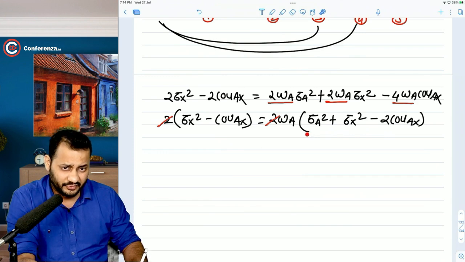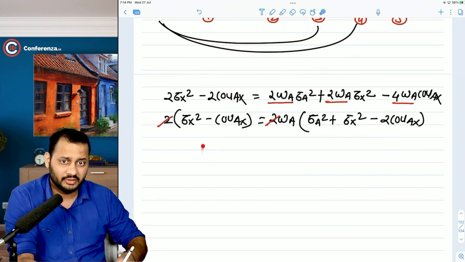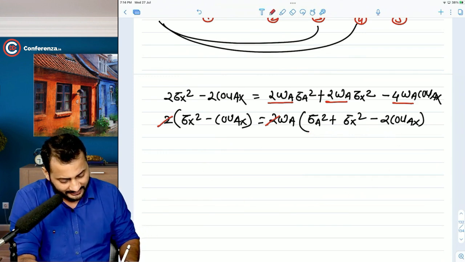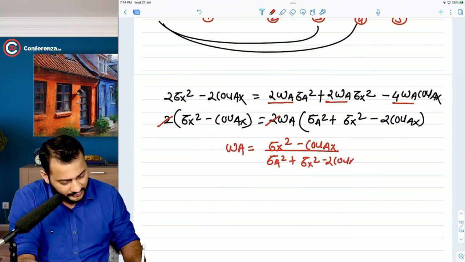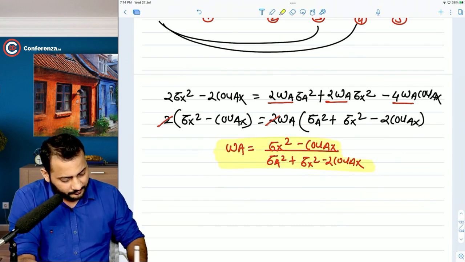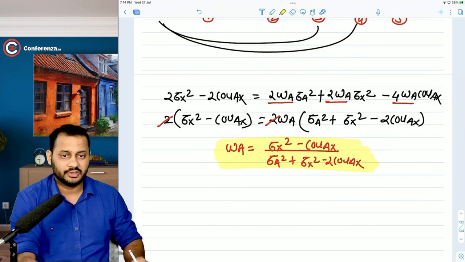I will just shift this entire bracket on the left hand side, and it will look like this. Weight of A is equal to standard deviation of x square minus covariance of AX divided by standard deviation of A square plus standard deviation of x square minus 2 into covariance of AX. This is exactly the same formula that you are looking for, or that you have just used in the equation.